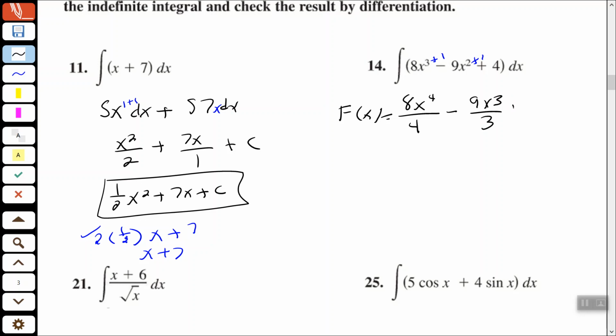And then for 4, it'll be 4x, and we divide by that 1, and then add in your constant of integration. And then simplify. So we have 2x to the 4th minus 3x to the 3rd plus 4x plus c.